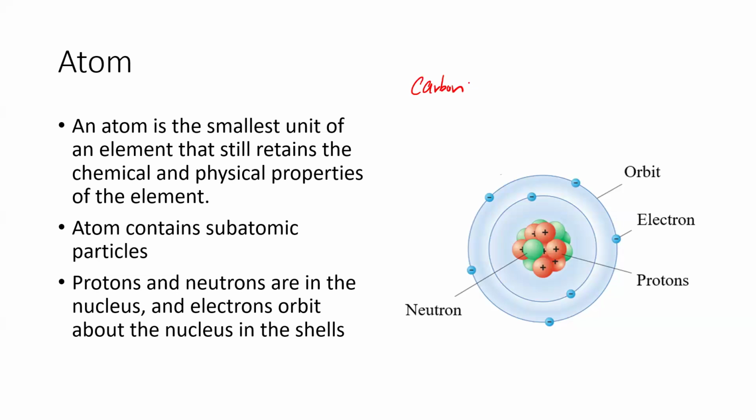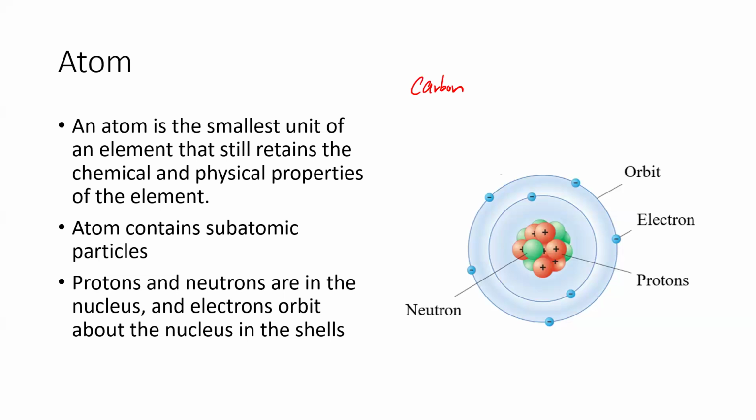Okay, so carbon. Carbon is an element, and all the carbons in this whole world are made up of carbon atoms. So the carbon atoms are the smallest thing that still retains the property of carbon. And you can't go any further. If you divide the carbon atom further, then they will no longer behave like carbon.